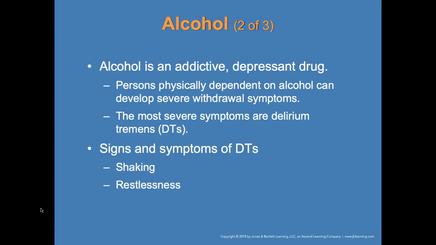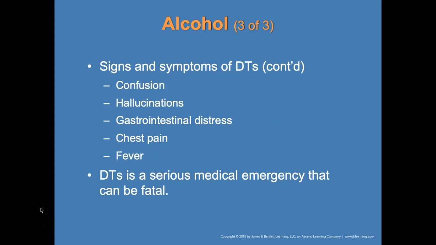It might be a cause of something that's going on with them. So we might see shaking and restlessness, confusion, hallucinations, gastrointestinal distress, chest pain, fever. This is a serious medical condition and can be fatal, needs to be treated as soon as possible.